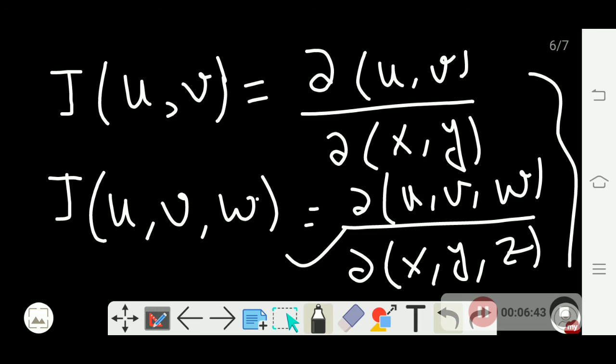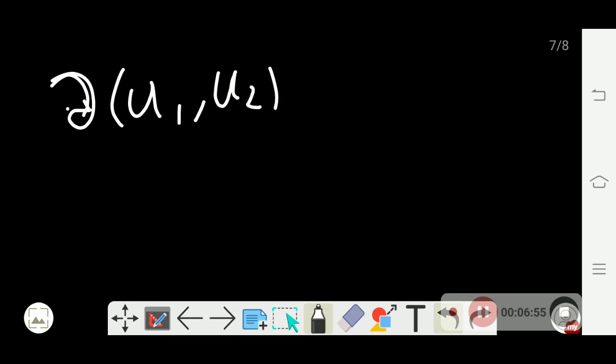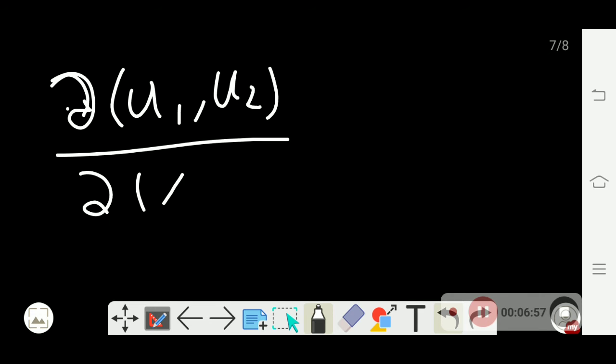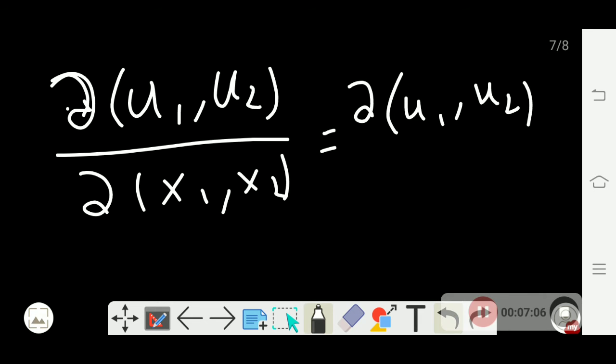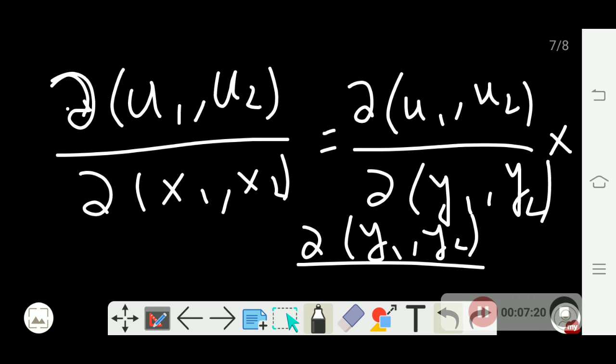Okay, let's see another property. Del of u1, u2 over del of x1, x2 is equal to, you can write it as, del of u1, u2 over del of y1 comma y2, multiplied with del of y1, y2 over del of x1 comma x2.